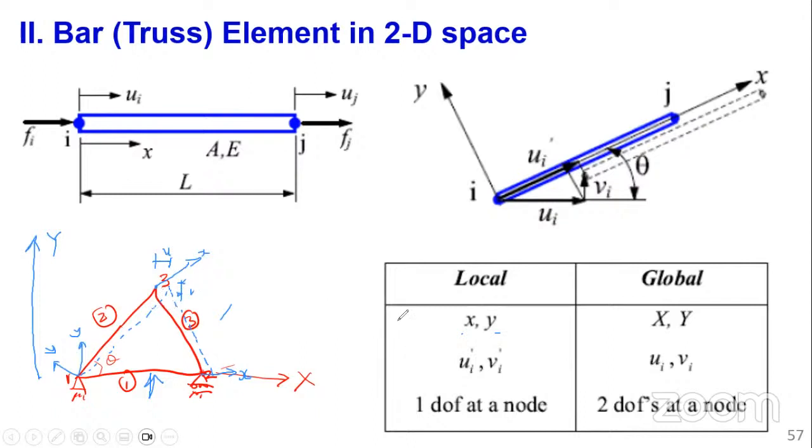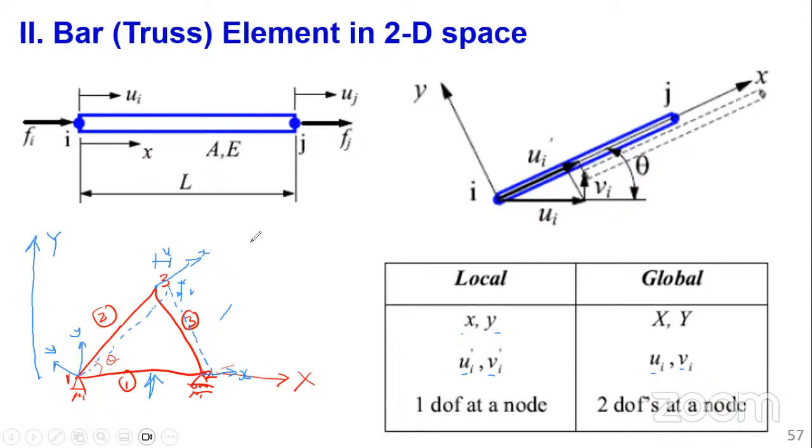For the element, we are using the small letter u and the small letter v. For the global structure, we are using capital U, V, without the bar. Enough with the notations. Remember, don't forget this again, because we keep on referring to them.